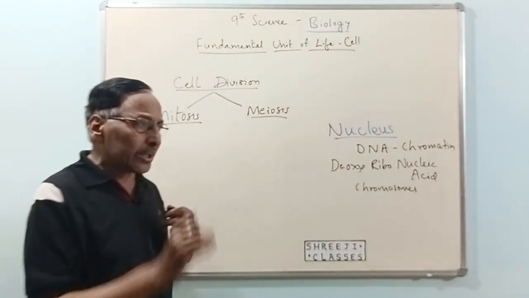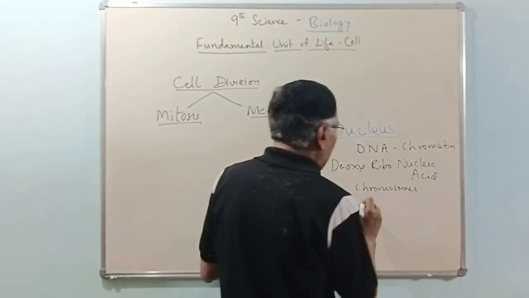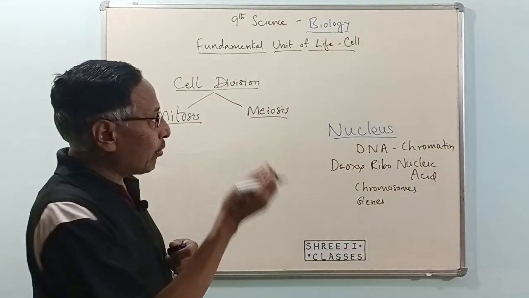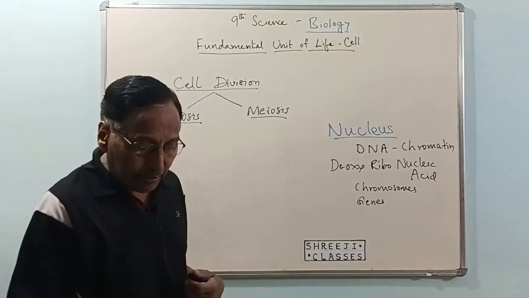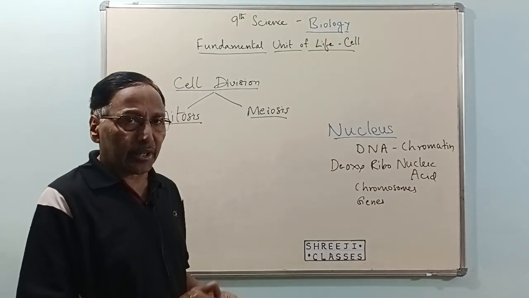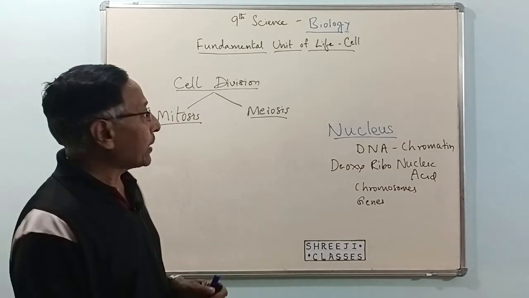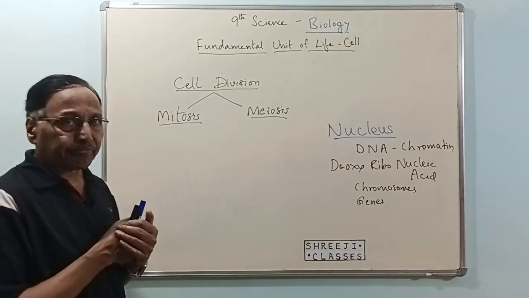The functional units of DNA are called genes, which are transferred from one generation to another generation. When or how? It is through cell division.